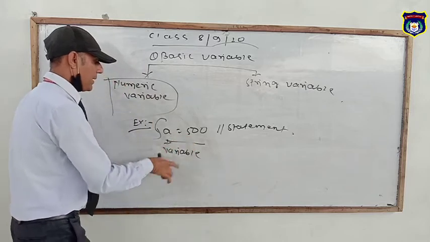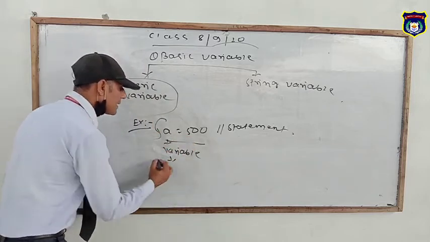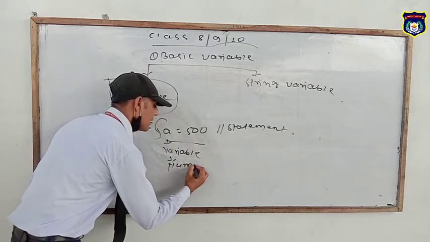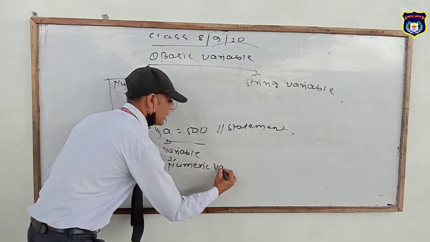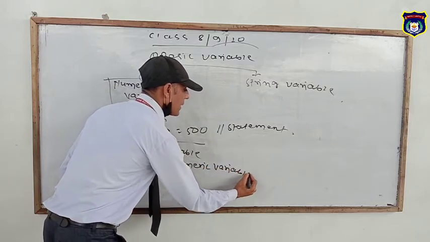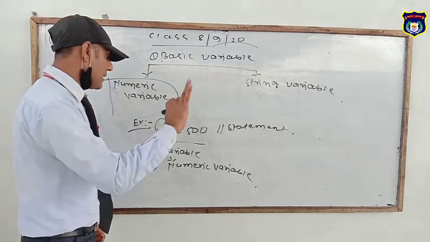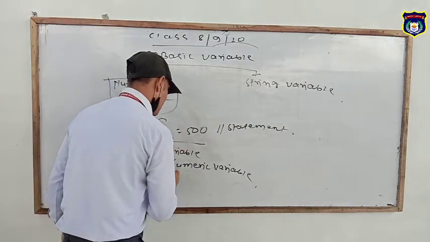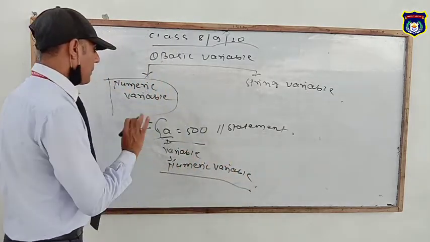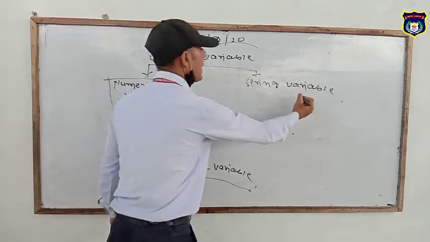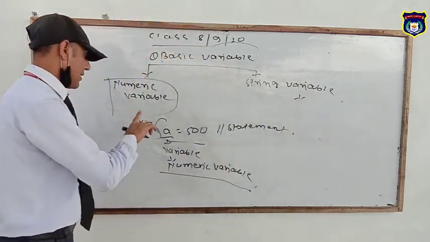After that, what type of variable is declared? Numeric variable. The numeric variable is also classified into different categories, we will discuss later. So a is the numeric variable. And the other is the string variable, which stores the string constant.